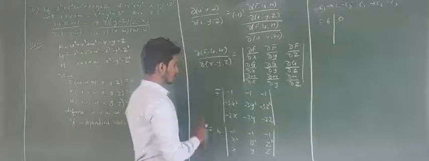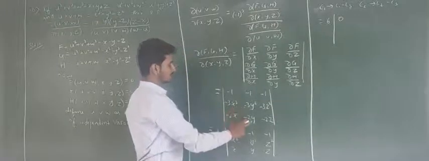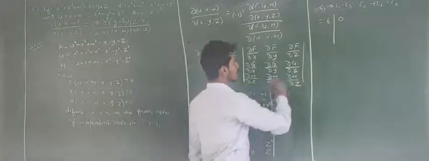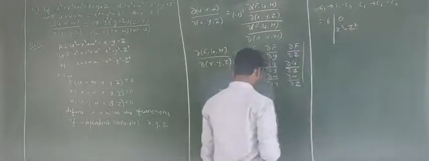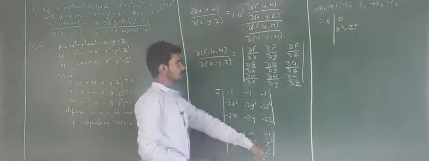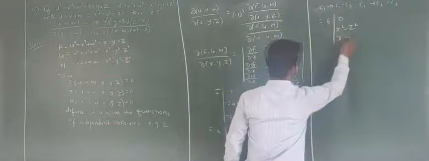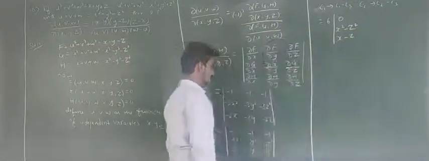Next, C1 minus C3 gives x square minus z square. Next, it is x minus z.